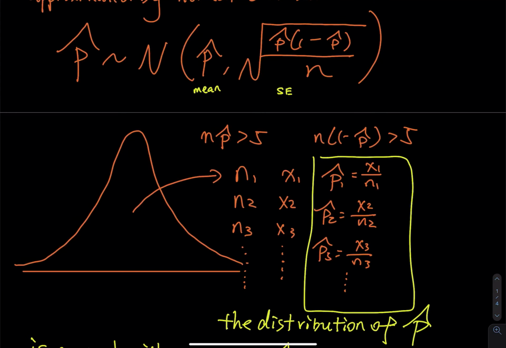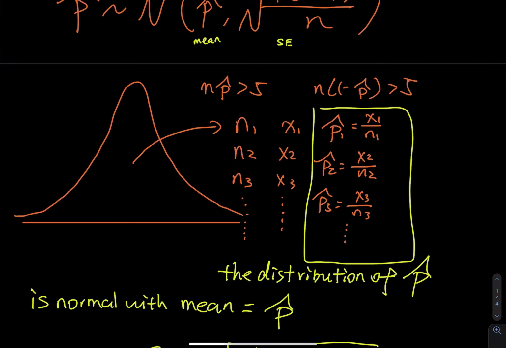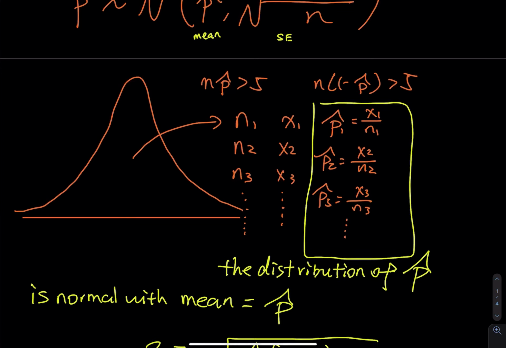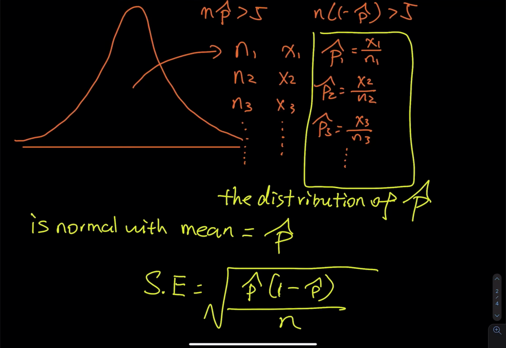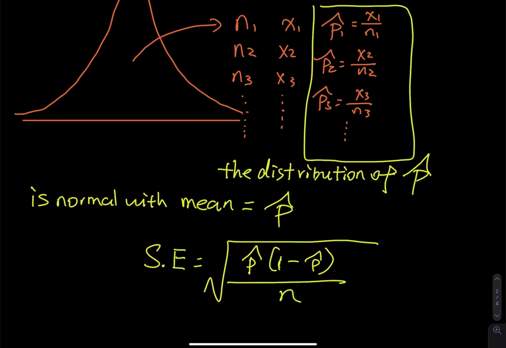If you have many samples, that means you have many p hats, right? For each p hat, you obtain a value, a fraction. Fraction means you have a number. So what is the distribution of those p hats? The distribution is normal, as long as n times p hat is greater than 5 and n times 1 minus p hat is also greater than 5. Then the distribution of p hat is normal, with mean equal to p hat and standard error equal to the square root of p hat times 1 minus itself divided by n.